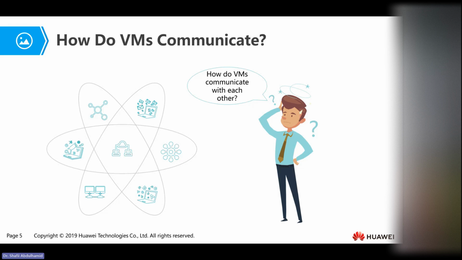Is there any special feature in the network that helps them to communicate, or is there any special protocol in the virtual machines or in the network environment that helps the virtual machines to communicate with each other? Do you have any idea how virtual machines communicate?